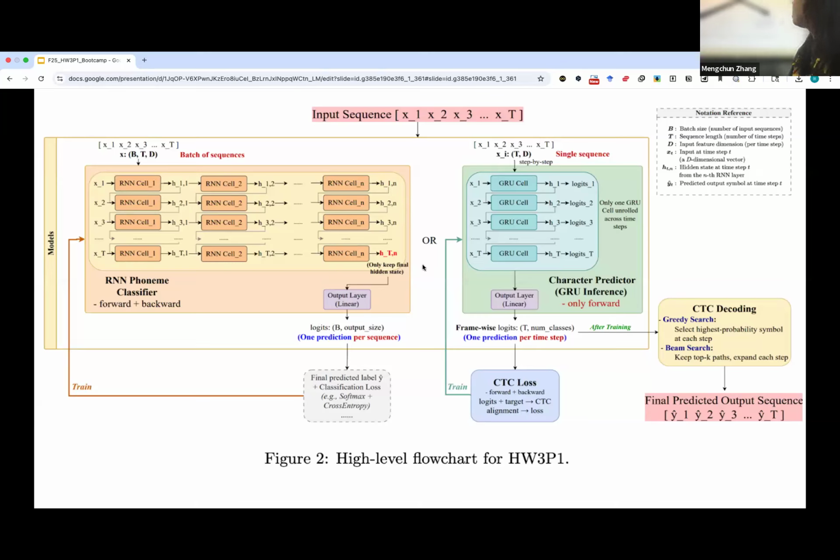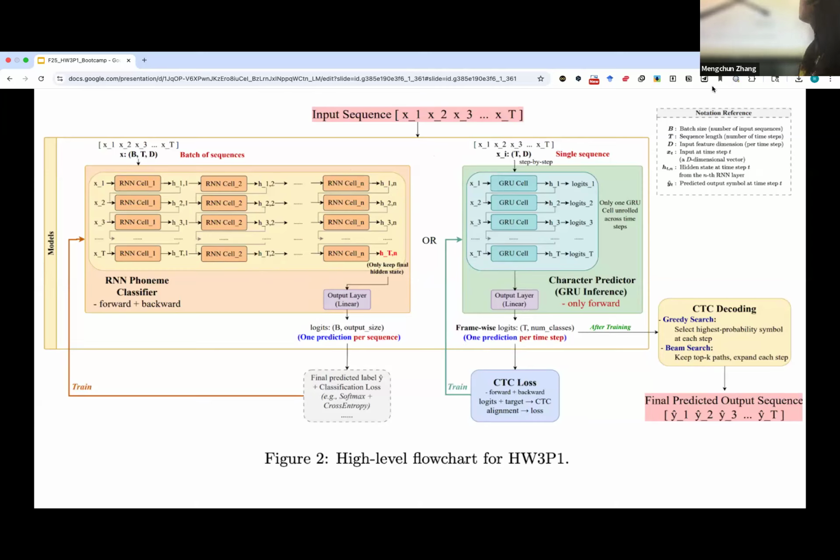Note that the testing process of your homework 3 P1 may not be exactly like this flowchart. It's just to give you ideas on how you can implement all of these blocks and how they can interact with each other in more realistic problem settings.